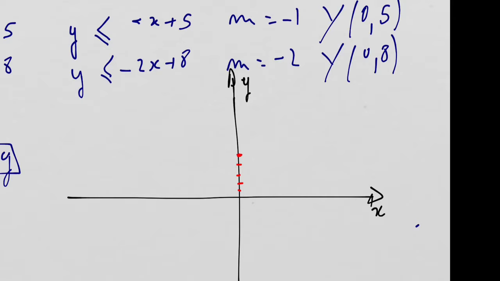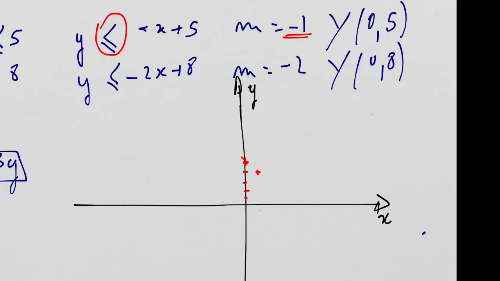So that is 0, 5. And from this point, because the slope is negative 1, I need to go down 1, right 1. Now, there is an equal inside my inequality symbol, so I'm supposed to have a solid line. And because y is less, I'm supposed to shade below.